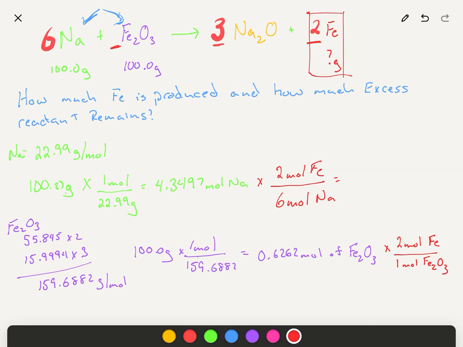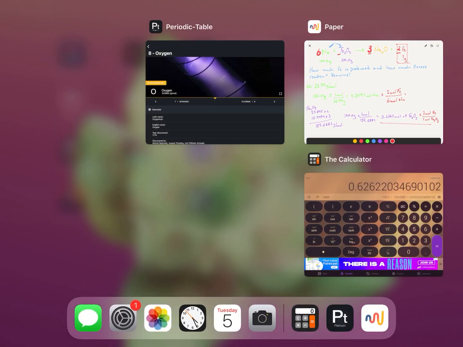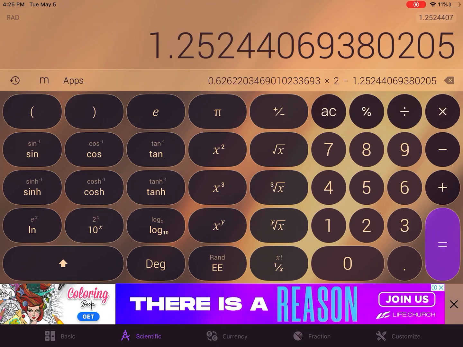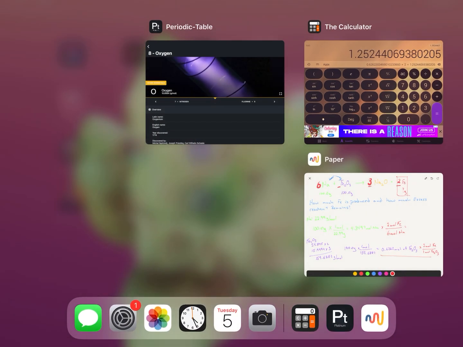Since I've got that one in the calculator already, I'm going to do it first. So we just need to multiply it by 2. We see that we get 1.2524 moles of iron.